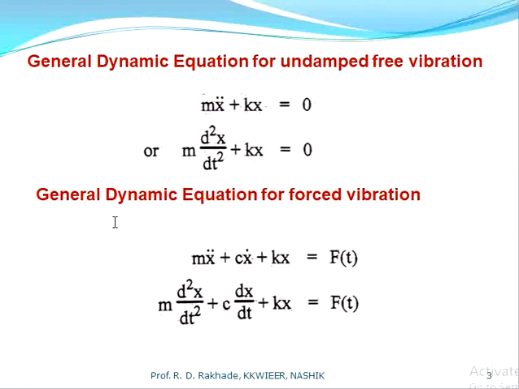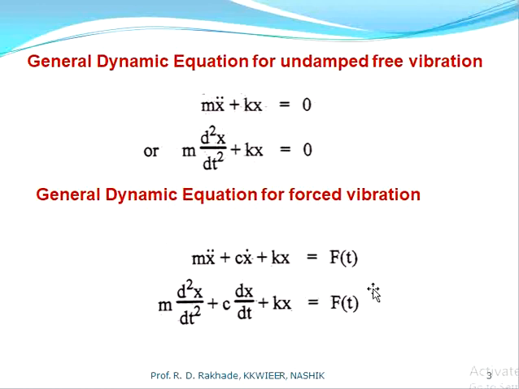Second, the general dynamic equation for forced vibration. So the generalized equation is m x double dot plus c x dot plus kx equals F, where x double dot is the double derivative of x or variable with respect to time, c represents the damping coefficient, x dot means the single derivative of x with respect to time, and F is the harmonic force.